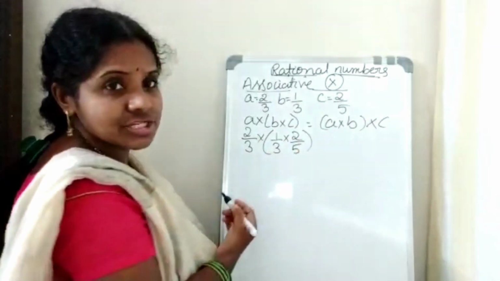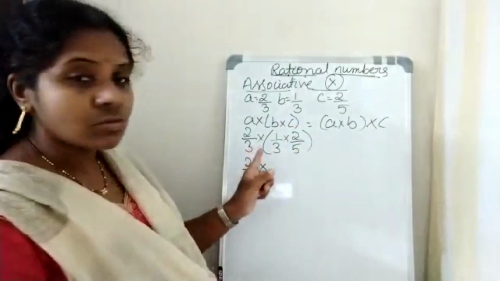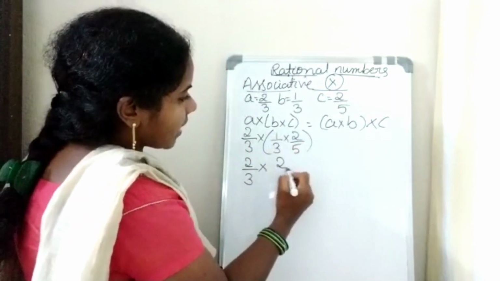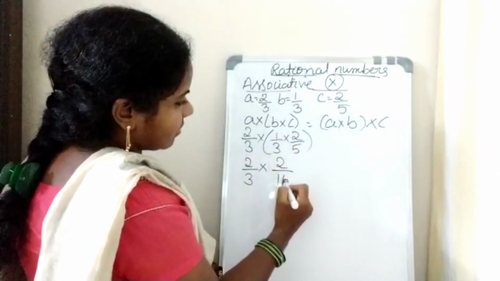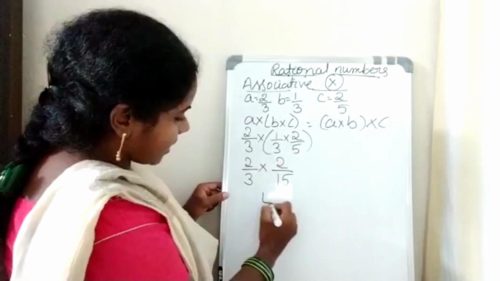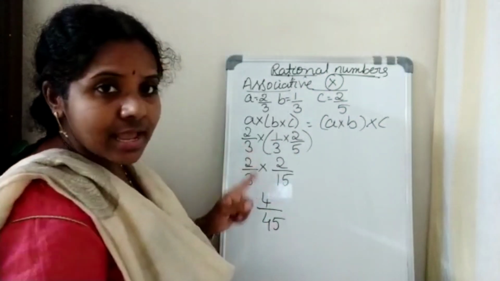First I am doing the LHS only: a is 2/3, into b times c, which is 1/3 into 2/5. First I do what is in the bracket: 1 twos 2, by 3 fives 15. No cancellations. 2 twos 4 by 15 threes 45. This is the LHS.